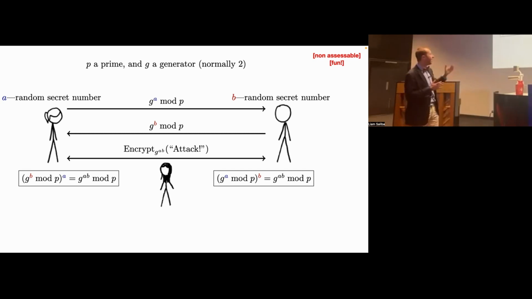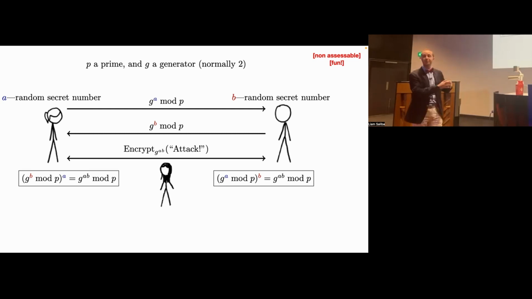Now, if Eve can't figure this out, if she can't come up with one of the values of A and B, she can't combine that value of, let's say, B with G to the A mod P to figure out what Alice and Bob's shared secret is, this secret number that they've got at the end.